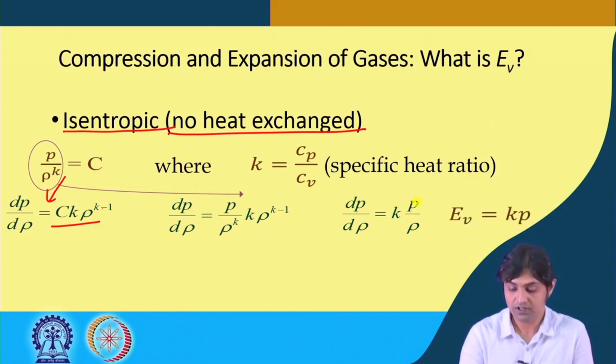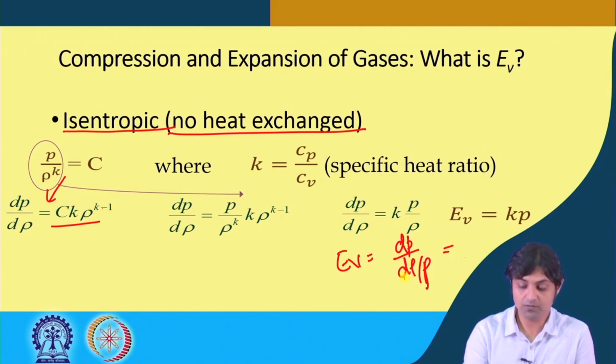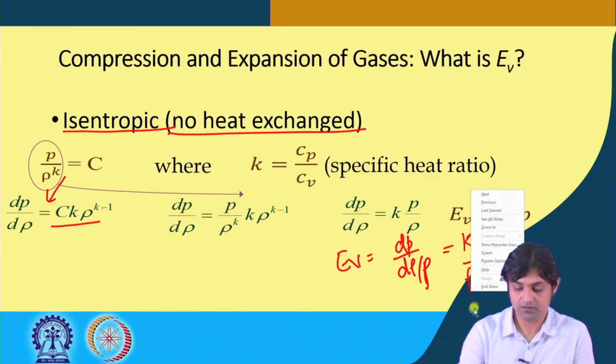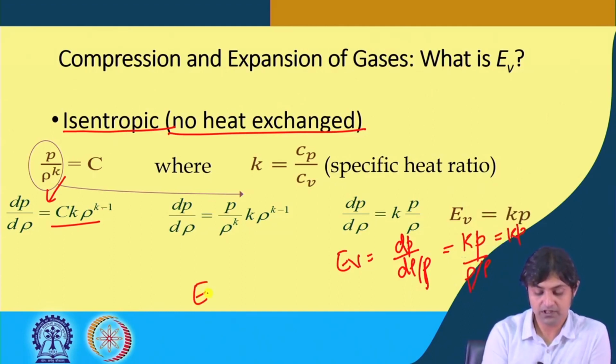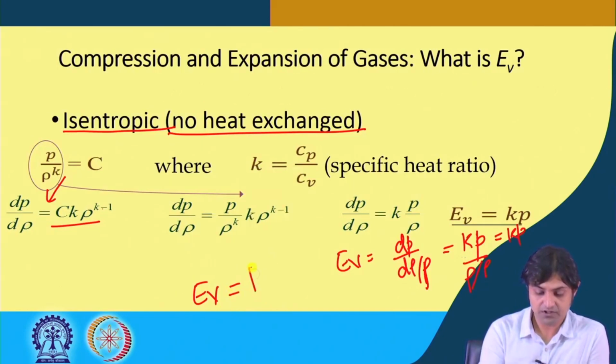Because EV is given as dP by d rho by rho, we get EV as Kp by rho divided by rho. So we get Kp. More importantly, EV in case of an isentropic process is given by Kp.